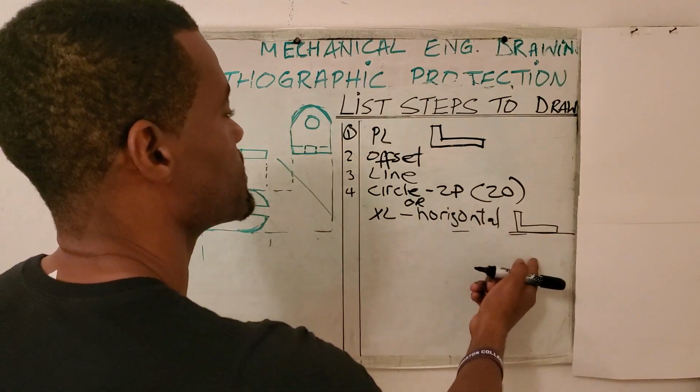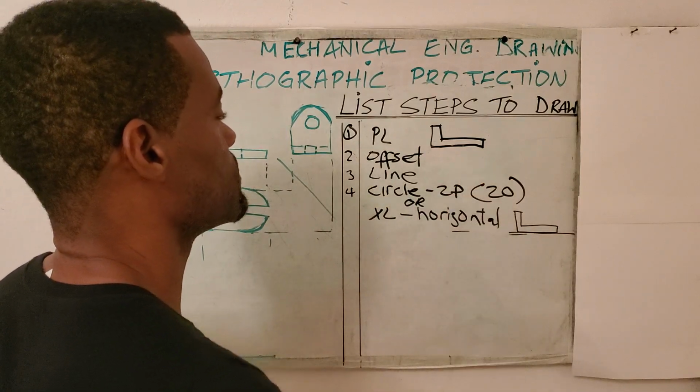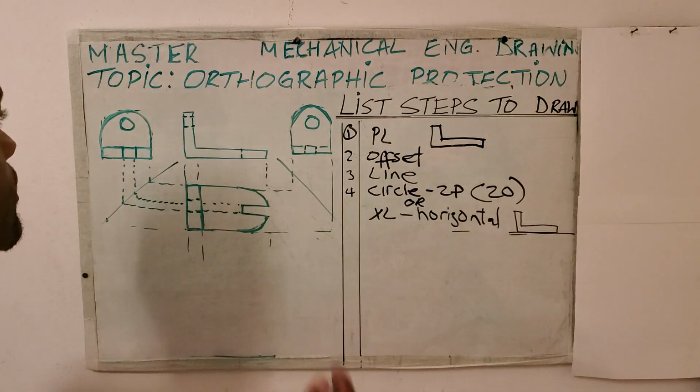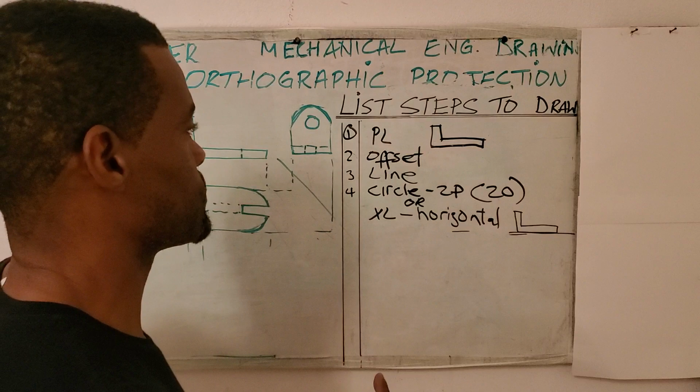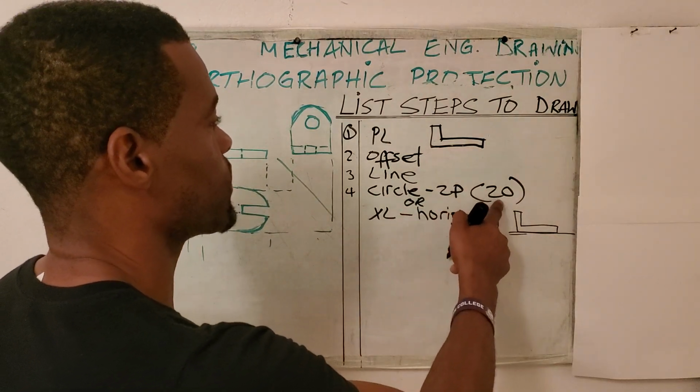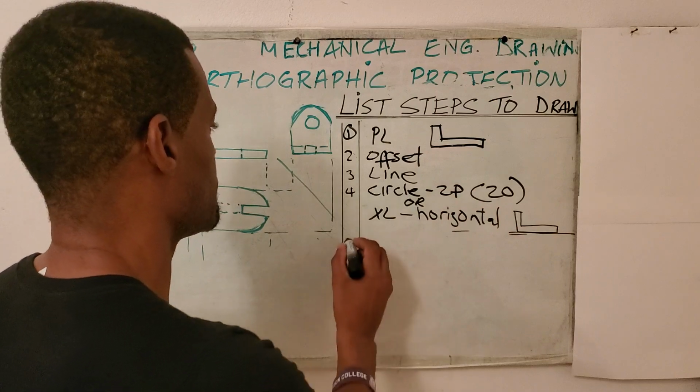Then I would offset this by 20. But probably I would use circle 2P, circle with 2 points at a distance of 20 millimeters.